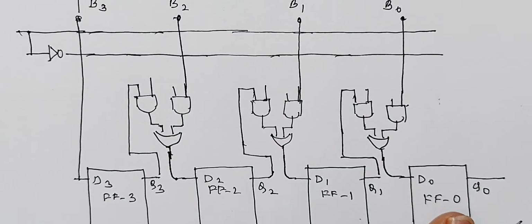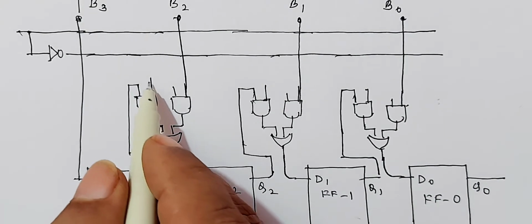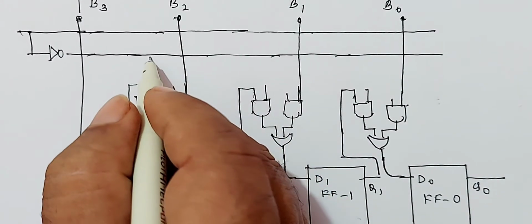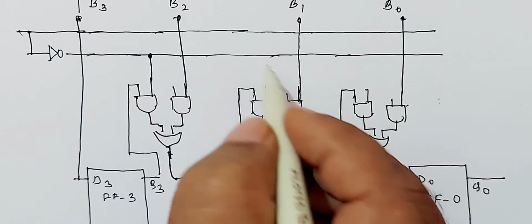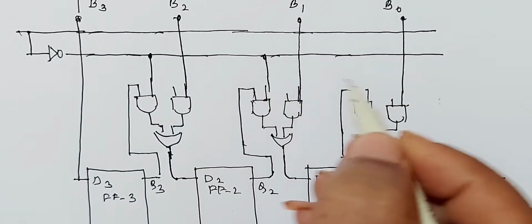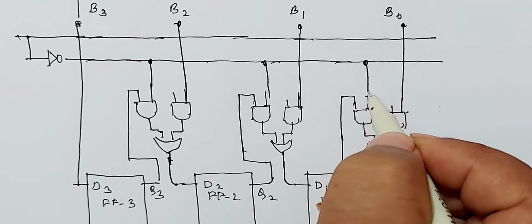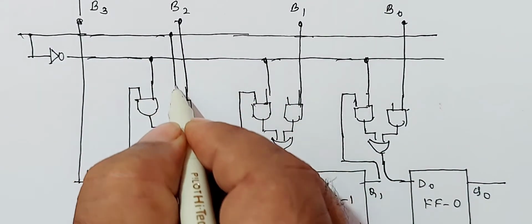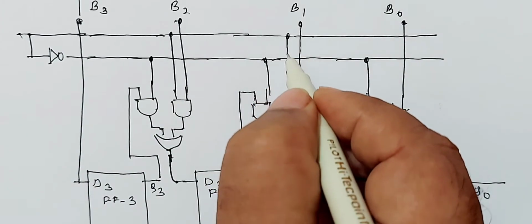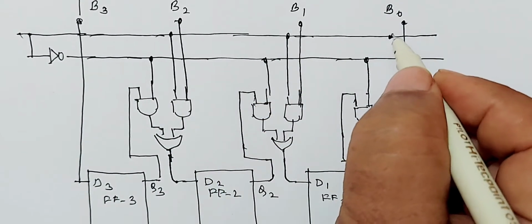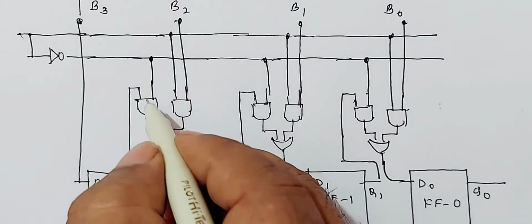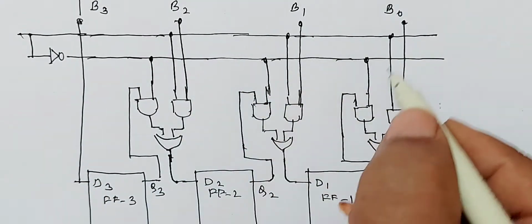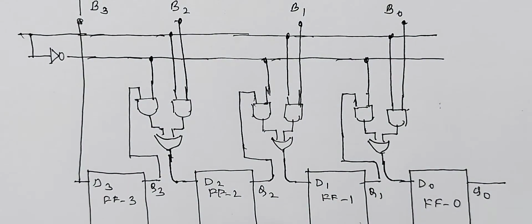Now, I will connect the second input of this NAND gate to the complementary line, and these two lines are the uncomplementary line. One inputs are connected to complementary lines, another inputs are connected to the uncomplementary line.